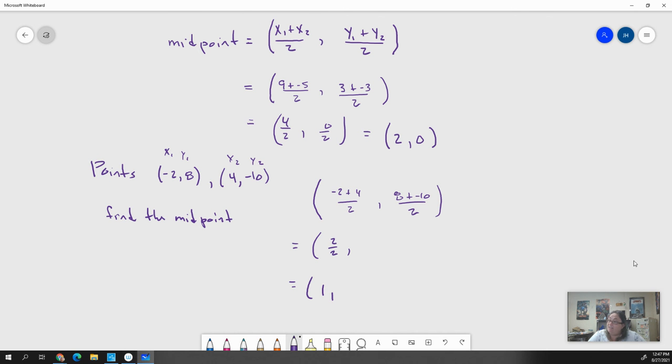Here, I've got 8 minus 10. That's -2 over 2. And when I reduce that, I am left with -1. So for those of you who got 2, 2, I understand how you got 2, 2, but do you see where it looks like you guys did the top part, but you forgot to do the dividing it by 2 part?